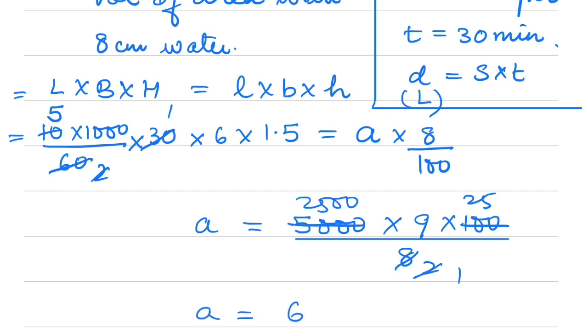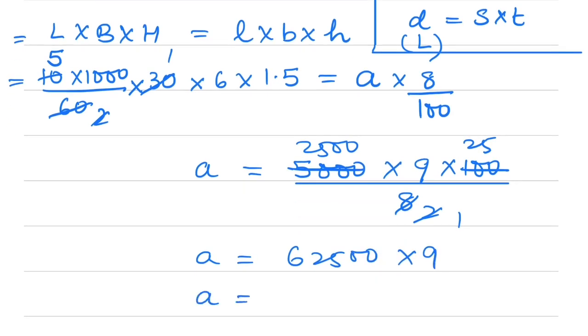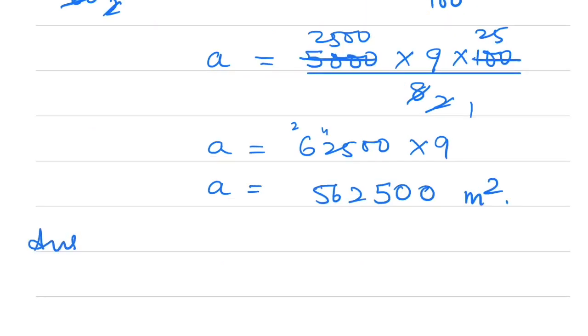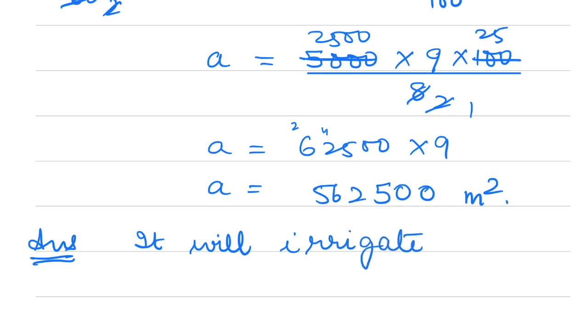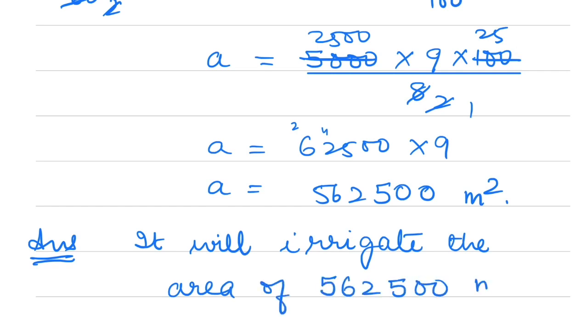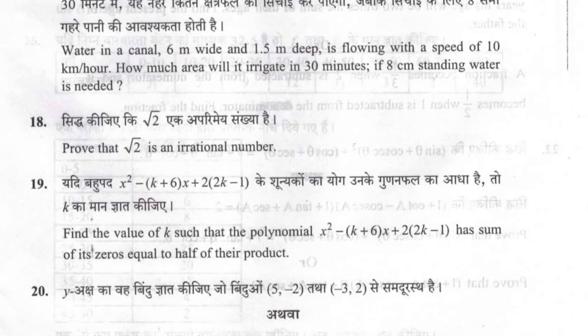We get this as 62500 multiplied by 9. So answer we can write down as it will irrigate the area of 562,500 meter square.